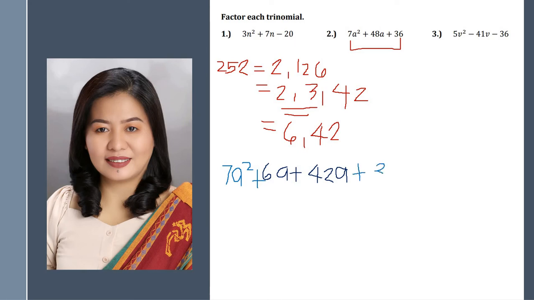So we are only replacing 48a with 6a and 42a. And then we group the first two terms and the last two terms. So we have the common factor between the first two terms, that's a, and we are going to get the remaining factor, 7a plus 6.